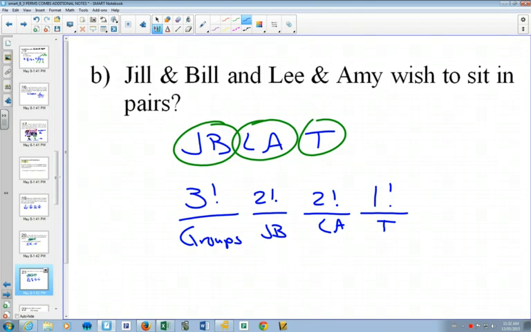So most people don't bother writing that. And here we would have 6 times 2 times 2, 24 ways.